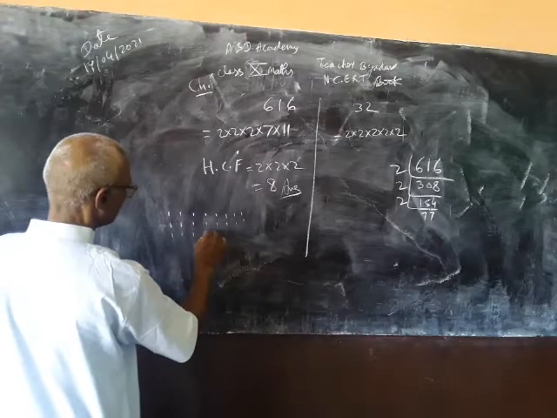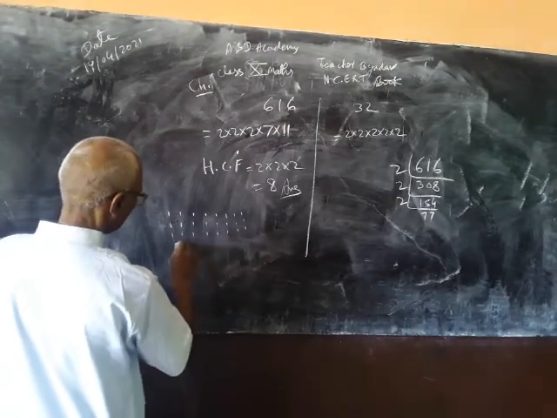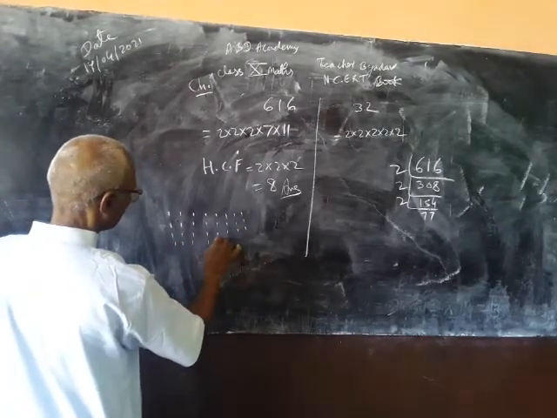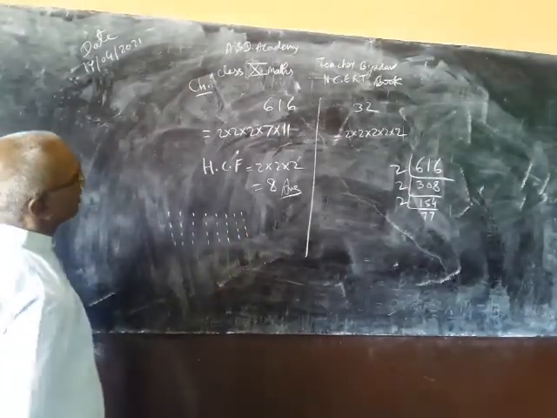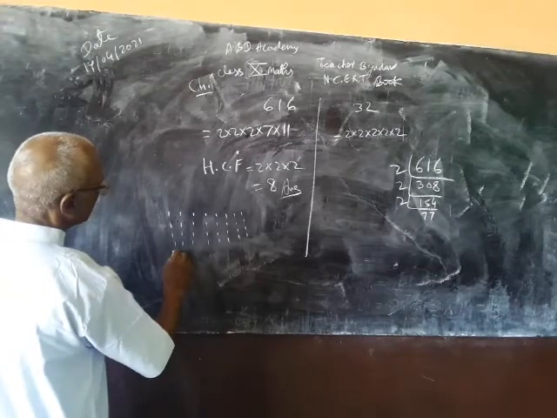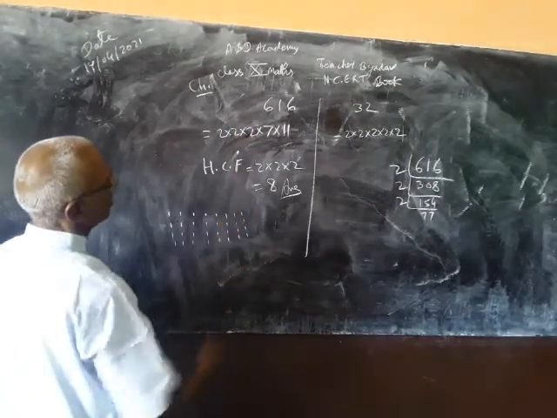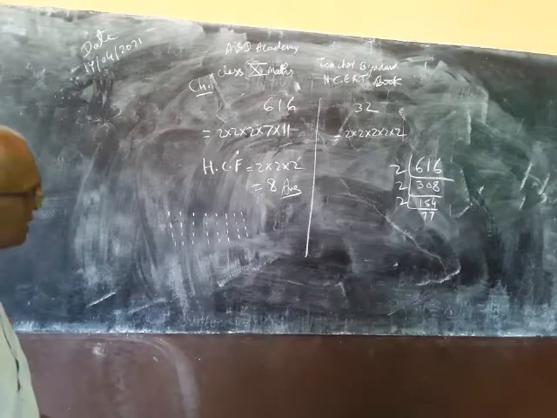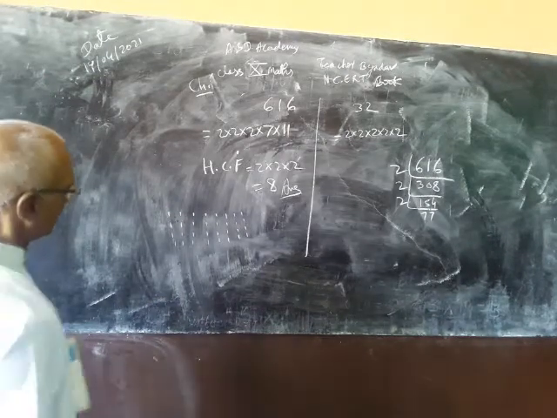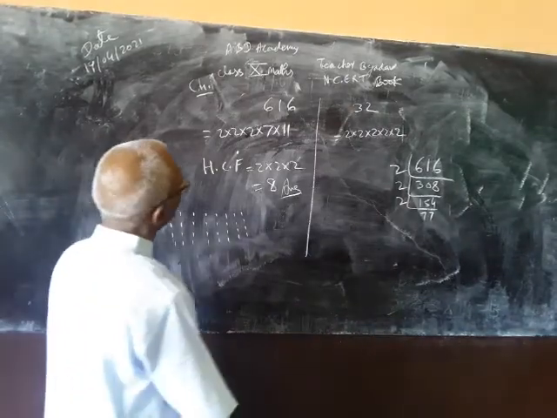Behind them one more row becomes 23. And behind them one more row that becomes 32. And behind that there will be columns of the army contingent which has 616, and in 8 columns they will march.